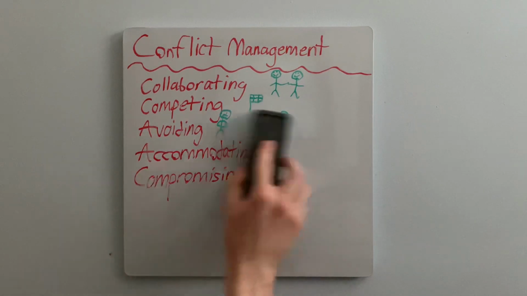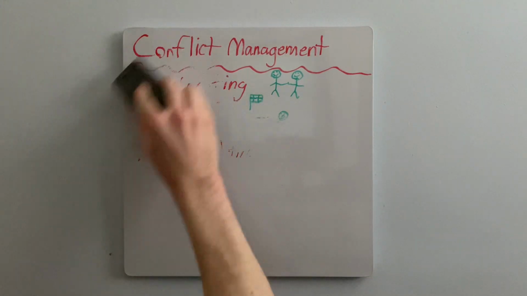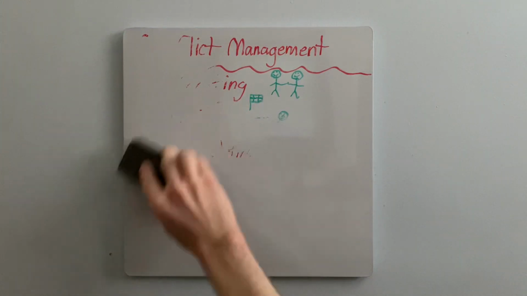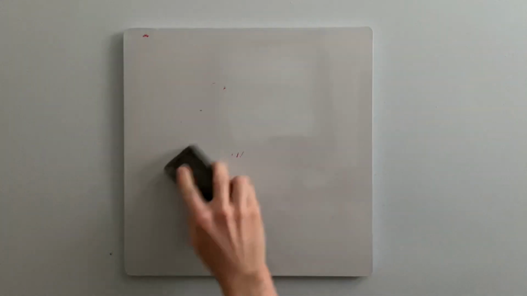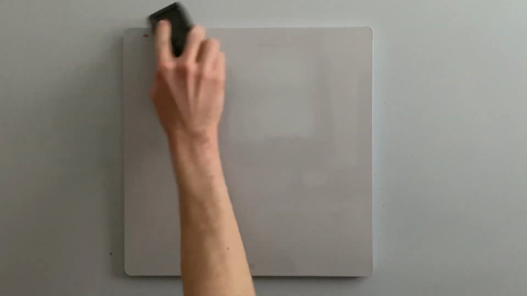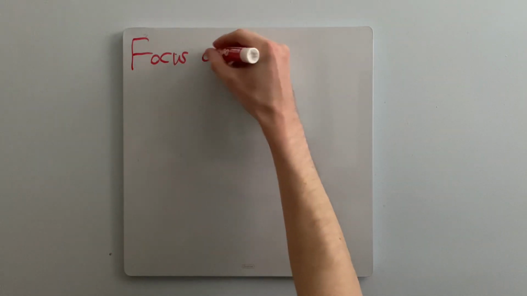And now we're going to look at a few things that help just generally when you're trying to do conflict management. So one of them is focus on the problem, not the person.